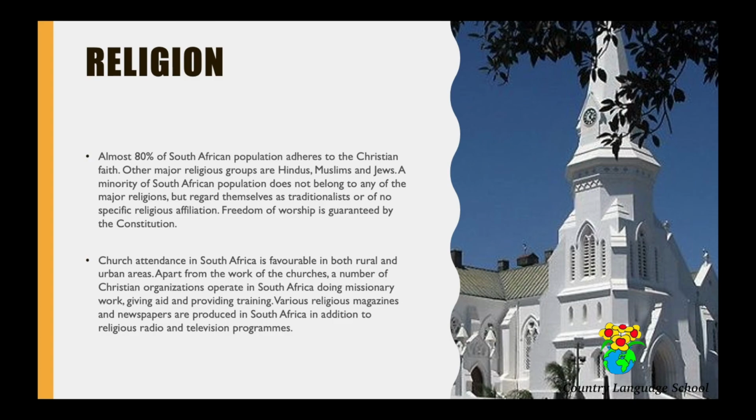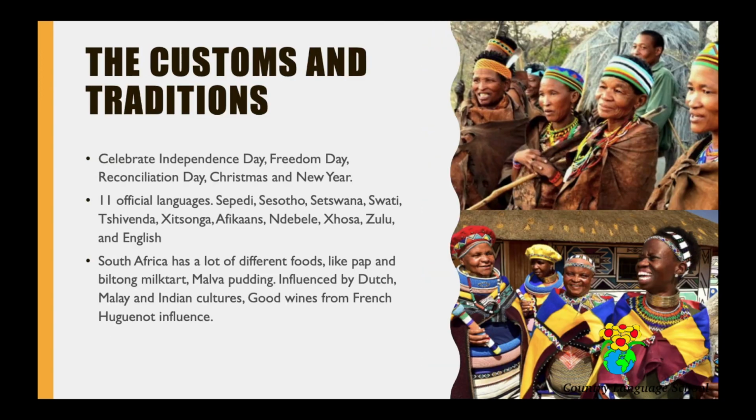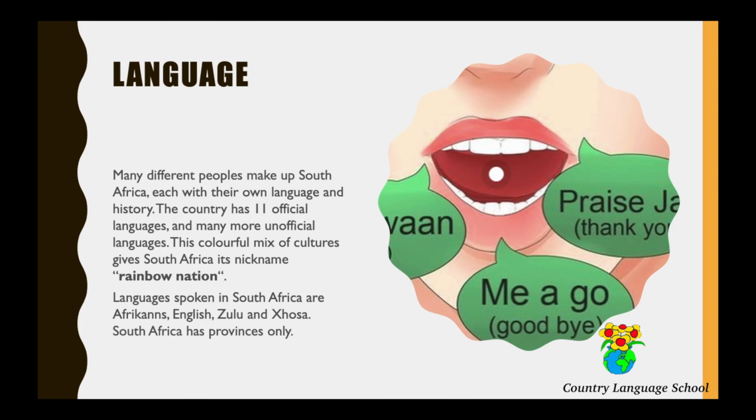Also, did you know that most people speak at least 2 or 3 languages in South Africa? One person can speak more than 2 or 3 languages, and one of them is English or Afrikaans.